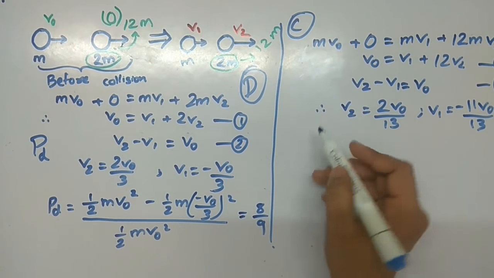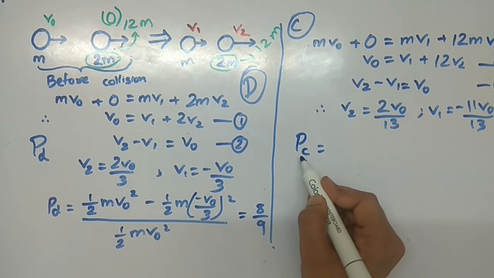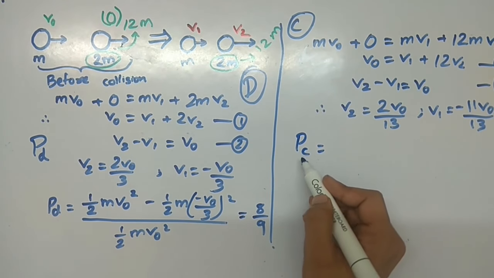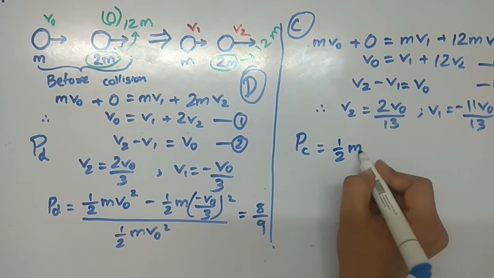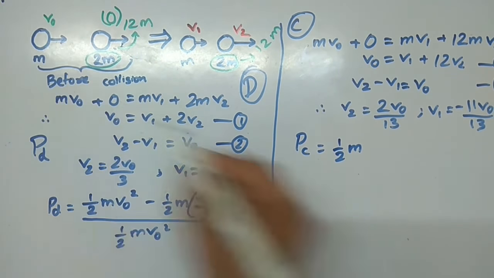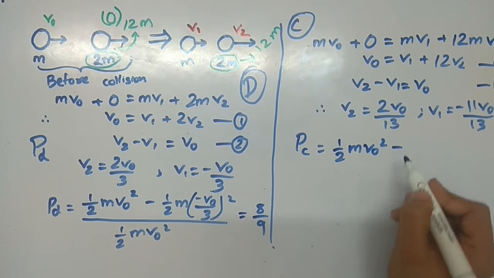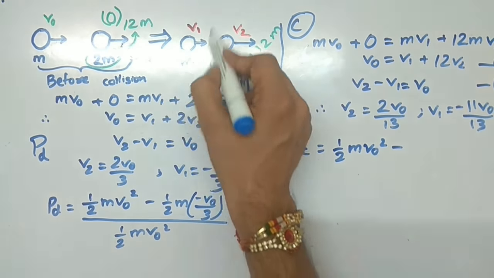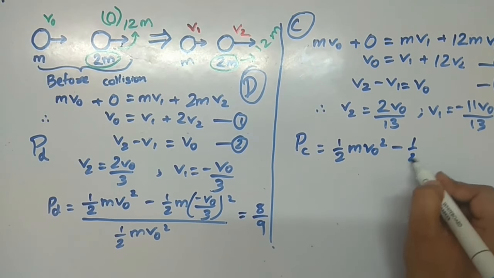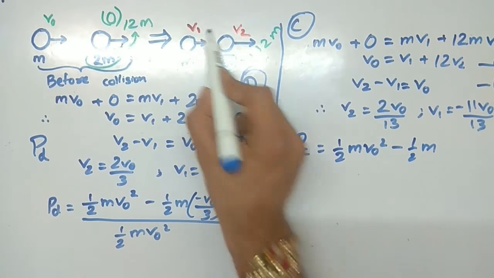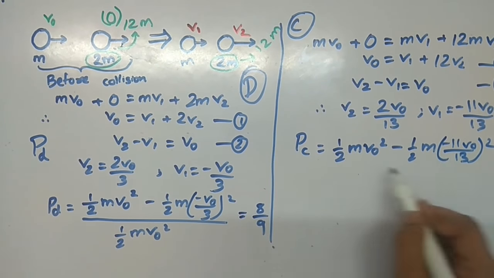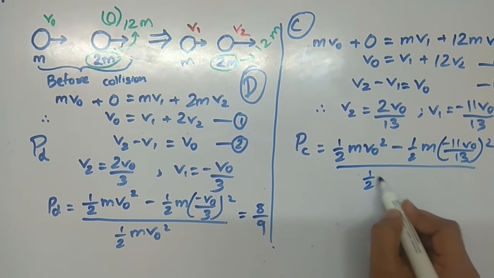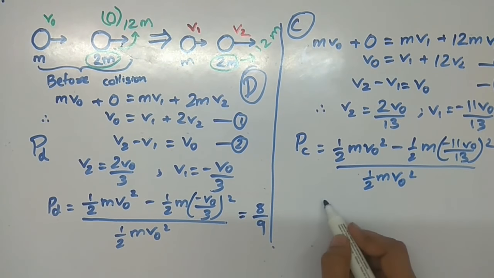And so PC, that is the fractional loss of kinetic energy, will be given by half m. What was the initial speed? v0. So half m v0 square minus, what's the final speed, half m v1 square. Now what is v1? Minus 11 v0 by 13, so minus 11 v0 by 13 the whole square, upon the initial, that is half m v0 square.